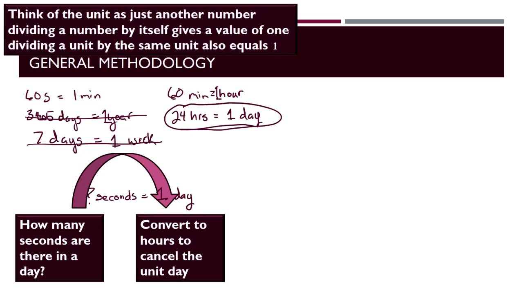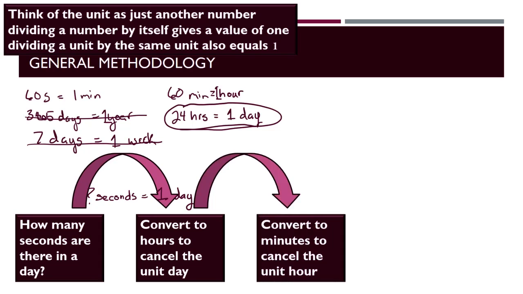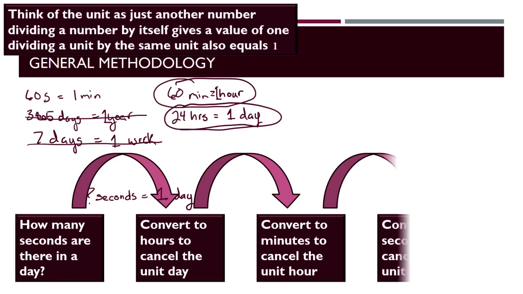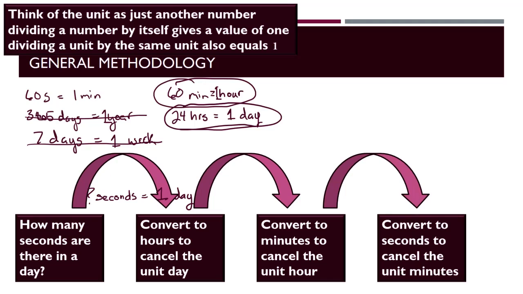And once I've converted to hours, I can convert hours to a smaller chunk of time by canceling the unit hours to convert to the unit minutes. I can use this equality here. And then once I'm in the unit minutes, I can convert that to an even smaller unit. I can convert to seconds by canceling the unit minutes by using this equality here.